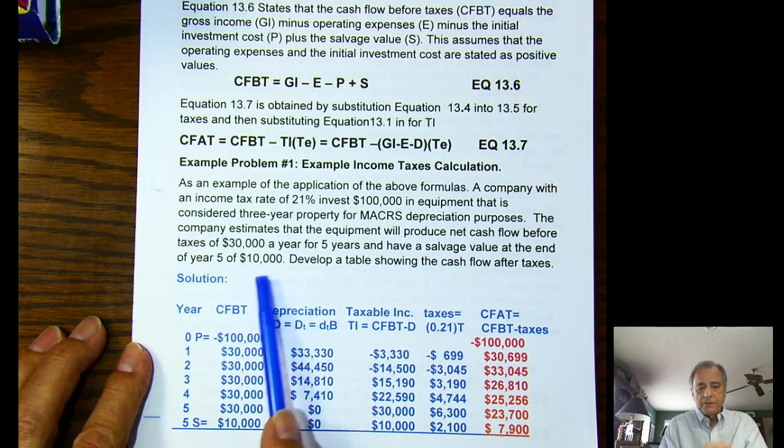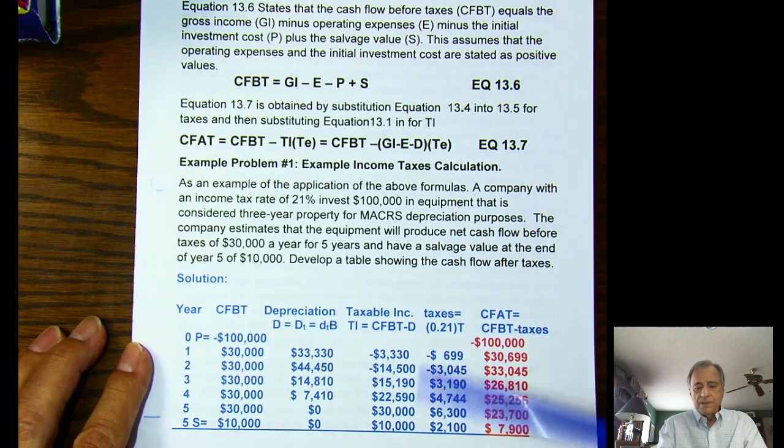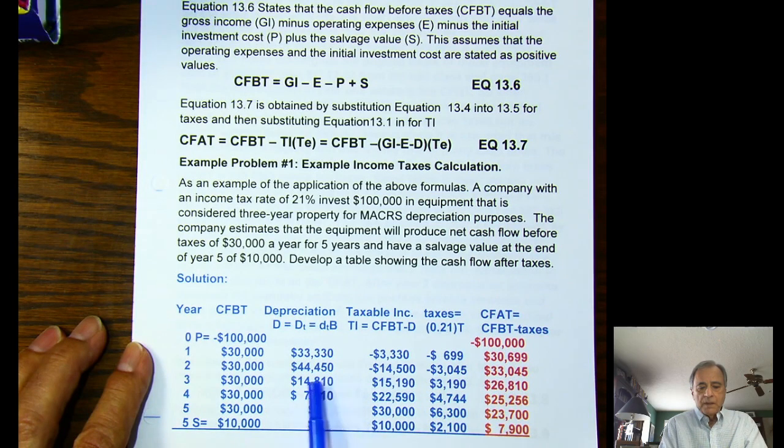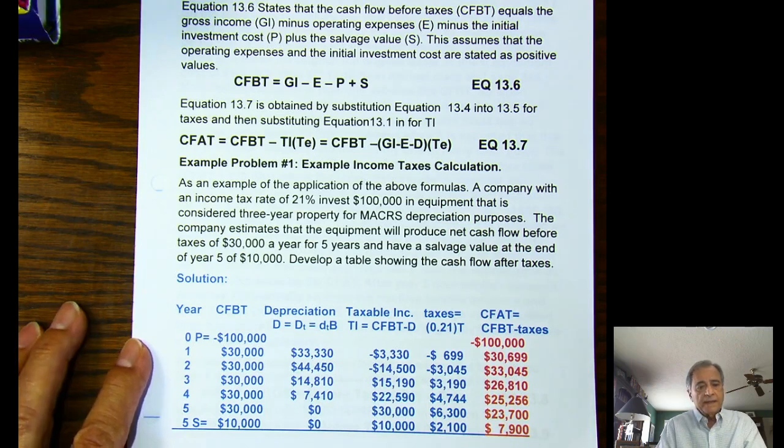$10,000 salvage value. Now my depreciation comes directly by multiplying the depreciation rate from the table in chapter 12, table 12.1, I think it is. And recall that I will give you that table as part of the final exam.